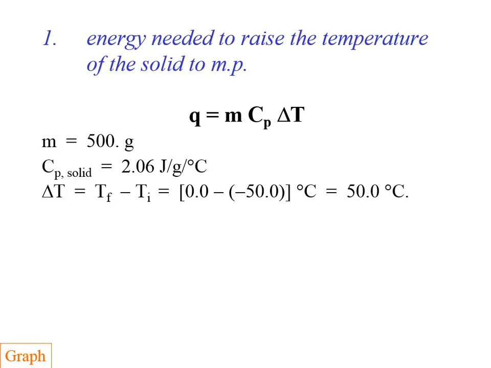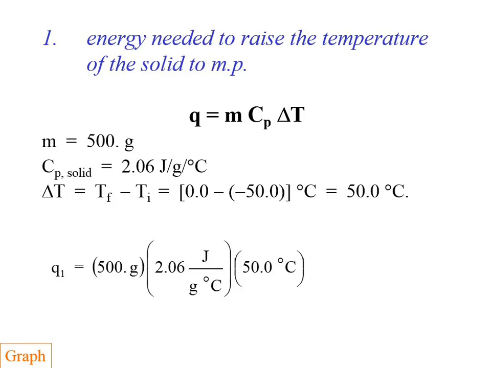The first one was to take the solid from an initial temperature of -50 to a final temperature of the melting point temperature, which is 0. The ΔT is 50 degrees Celsius. Remember, you're supposed to memorize the specific heat of liquid water, which is 4.184 joules, but for solid water, it's 2.06 joules per gram degree Celsius. We round it to 3 significant figures: 500 grams times 2.06 joules per gram degree Celsius times the ΔT of 50 degrees Celsius.